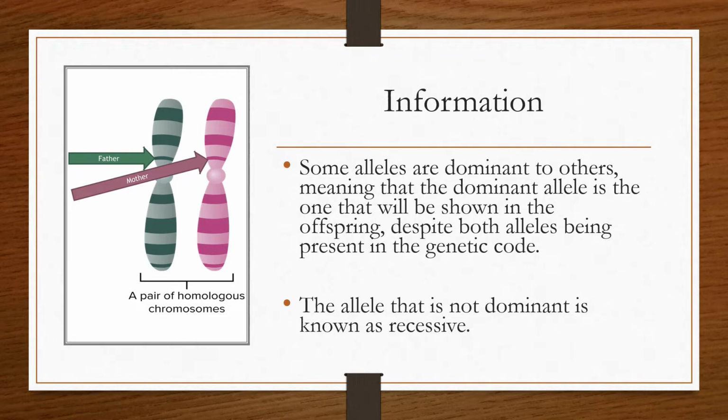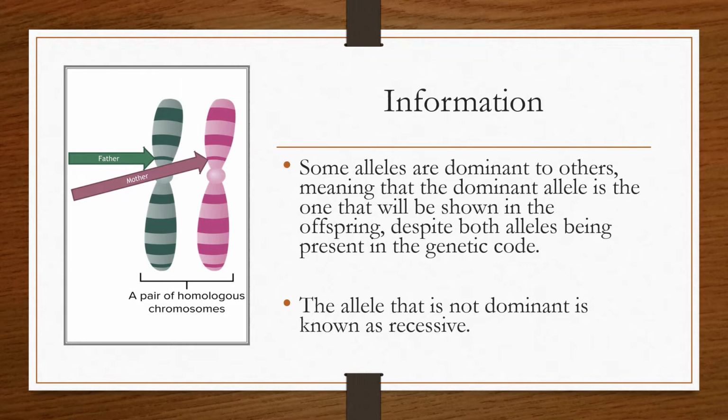So with Mendelian genetics, looking at a pair of homologous chromosomes, you get two versions of a gene, and one of those versions is going to be dominant to the other. Whichever version or allele of that gene is dominant is the one that is going to be actually expressed and shown.